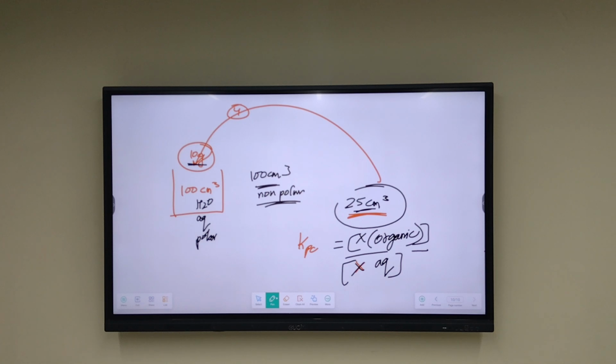Spider. Nice one. Come on. Questions? Chapter reaction kinetics, and then maths.